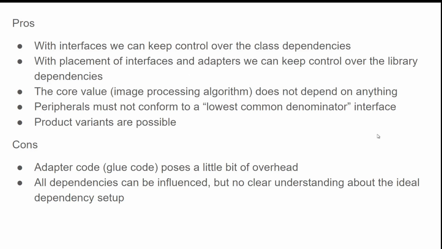Okay, now we came again to the pros and cons. As we have seen already with the dependency inversion, we keep control over the class dependencies by defining interfaces. So this is nothing new. This we already had in the previous step, and we still kept this feature. But now we have some more insight, and we know that if we flip over the interfaces, so instead of offering interfaces, we can also create requirement interfaces, and that's why the interface can move from one library to the other.